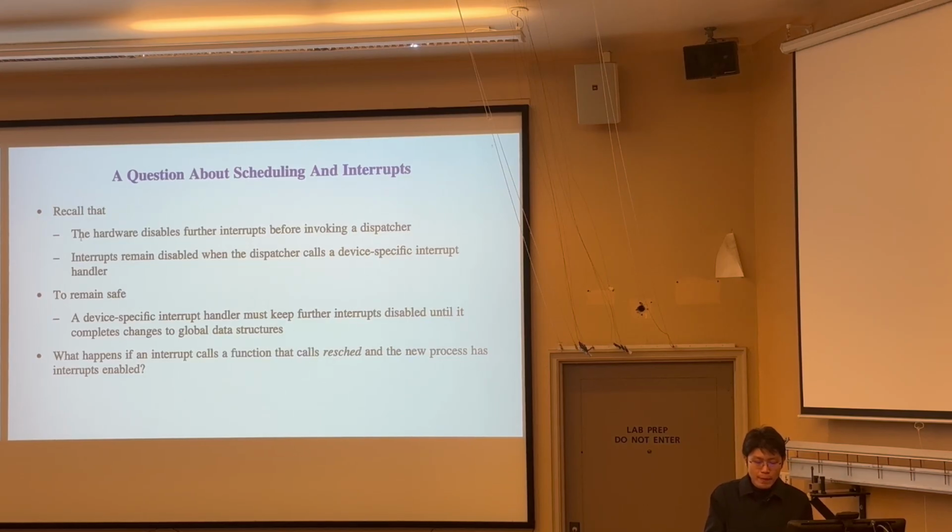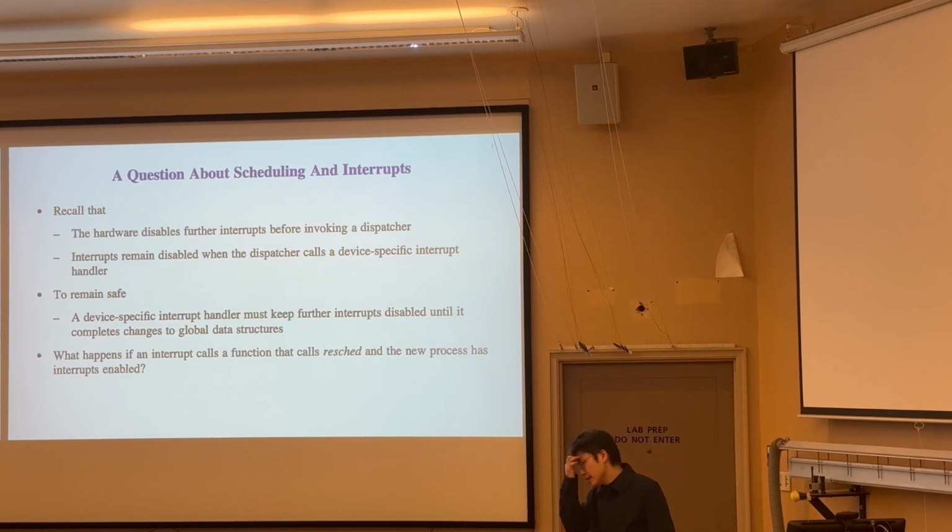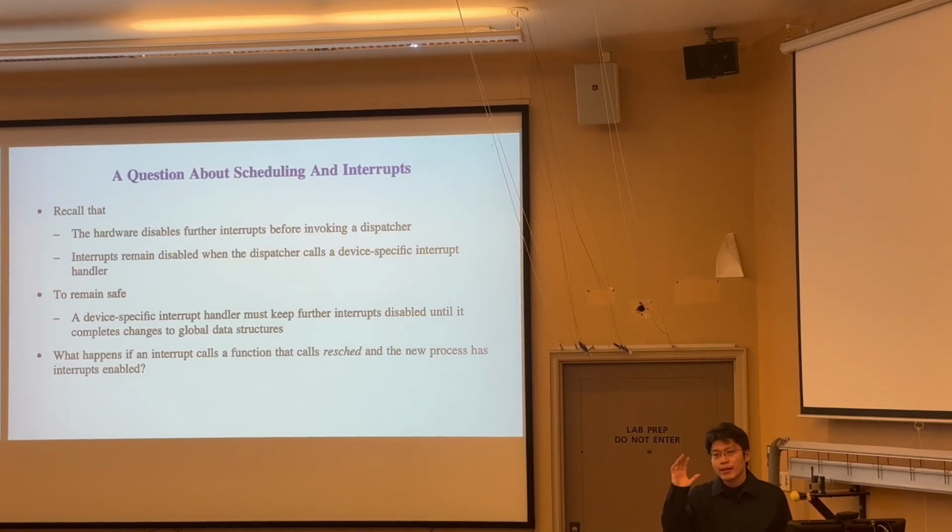First, recall that the hardware disables further interrupts before invoking a dispatcher. So when you have an interrupt that you need to handle, you will disable the other interrupts. And interrupts remain disabled when the dispatcher calls a device-specific interrupt handler. So during the interrupt handler's execution, interrupts are disabled.